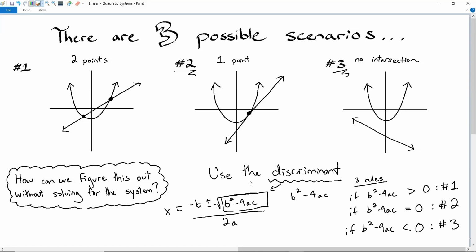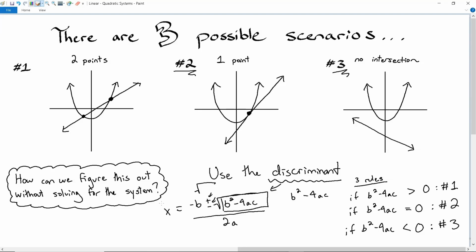Well, it has to do with the fact that in the quadratic formula, we are square rooting the discriminant, right? So if b squared minus 4ac is greater than 0, that means I have a positive number to square root, and I could take either the positive value or negative value of that and get 2 possible x values when I go through with my quadratic formula.